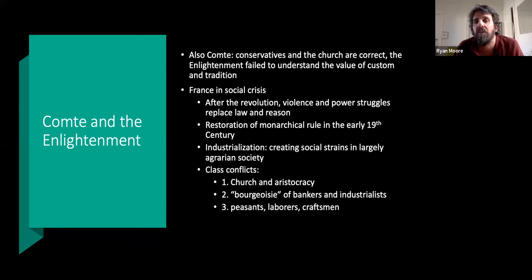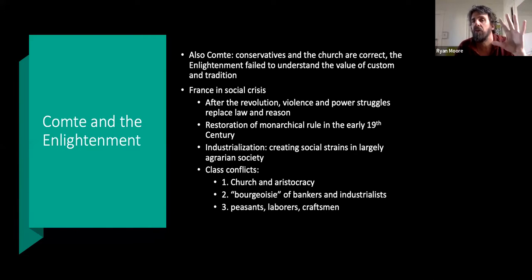Marx will take this critique much further. But there is part of him that's influenced by this counter-Enlightenment thought insofar as it's causing him to be critical, or at least ambivalent, about the effects of industrialization.